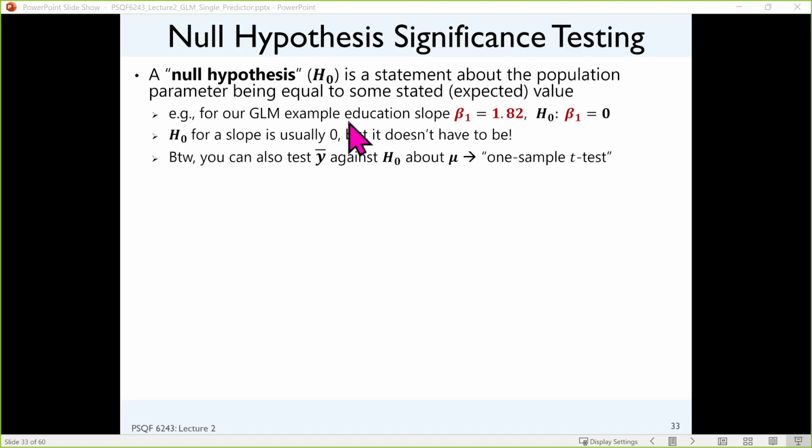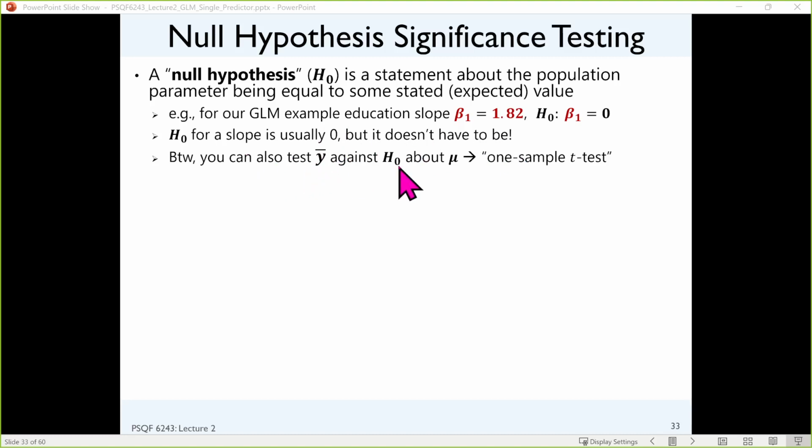In other words, a flat slope is a useless predictor. Does this slope matter? If the slope is flat, the answer is no. So some sort of deviation, either positive or negative, then indicates that the slope is a useful mechanism for reducing the amount of variability in the outcome. It doesn't have to be 0, but it almost always is.